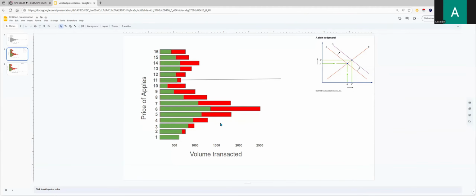Market makers are going from an area where they think they can pick up apples from the supplier for super cheap. They are selling them at higher prices. They're driving the price up, selling them at even higher prices. And then when they're out of stock, they will bring the price back down and buy again at lower prices.